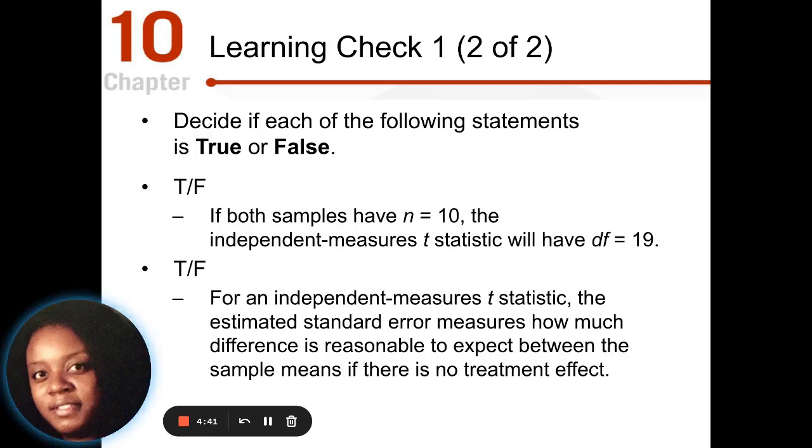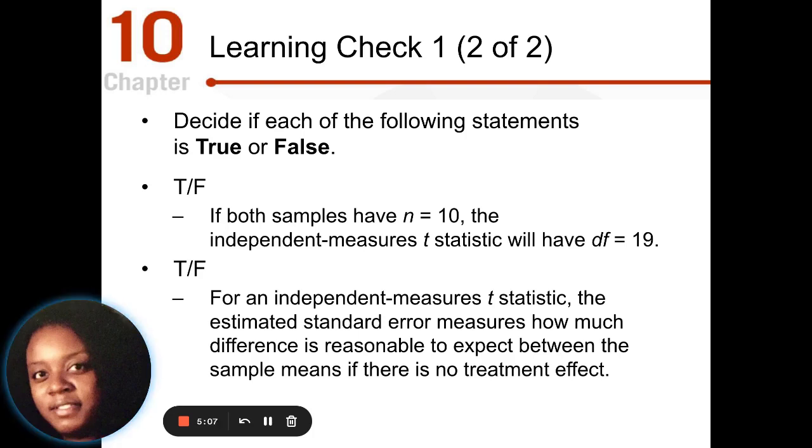Here's another learning check in true false. If both samples have a sample size of 10, the independent measures t statistic will have degrees of freedom that equal 19. And then for the independent measures t statistic, the estimated standard error measures how much difference is reasonable to expect between the sample means if there is no treatment effect.